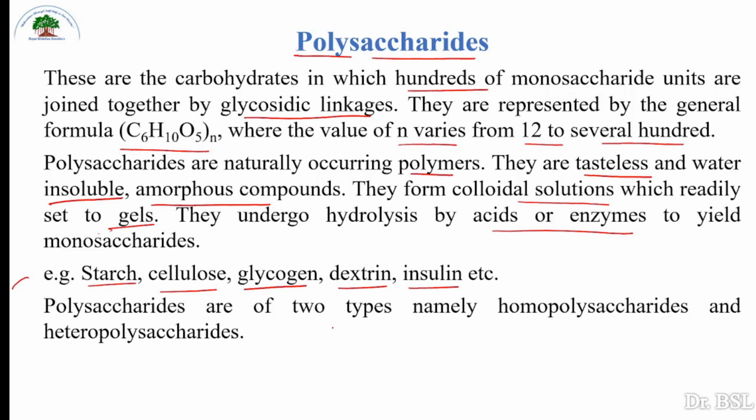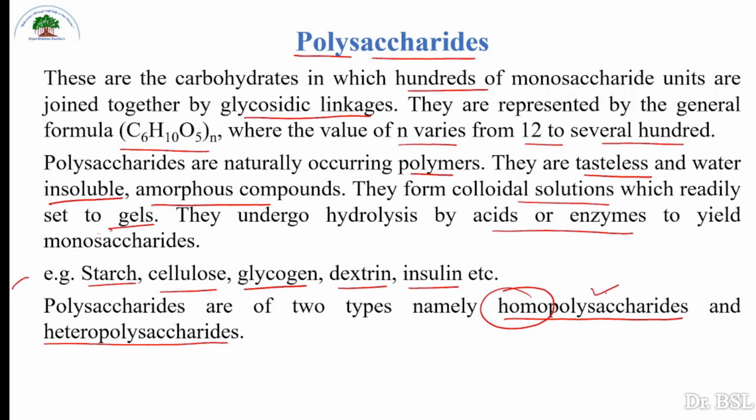And polysaccharides are of two types. They may be homopolysaccharides or heteropolysaccharides. These words give their meaning that homo means same.